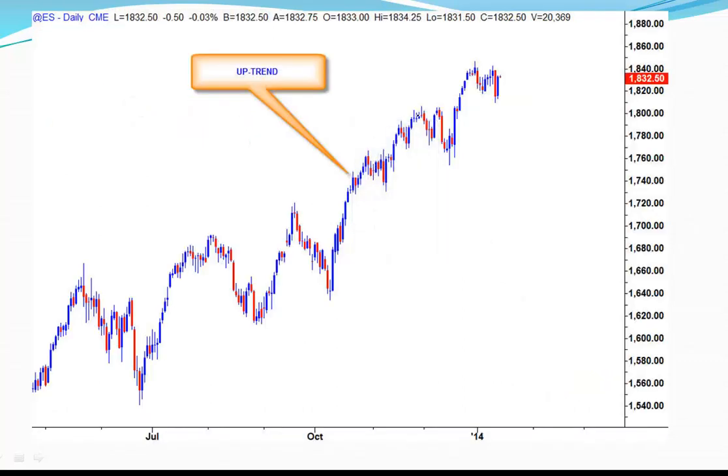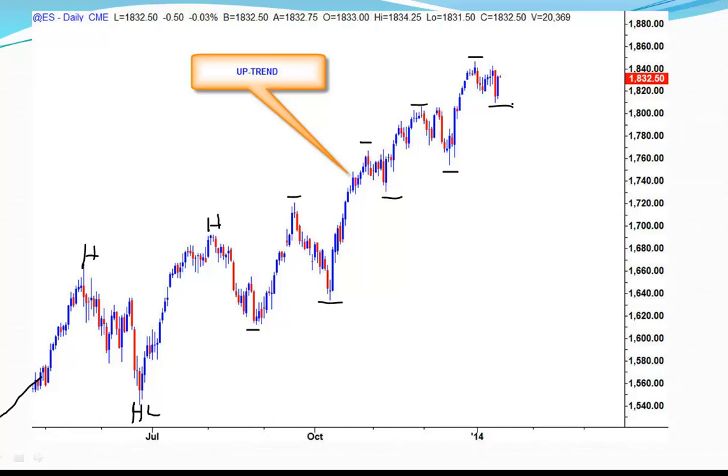Next. Now, an uptrend. What is an uptrend? This may have come from down here, so if we say that this is a low, and this is a high, and this is a higher low, and this is a higher high, and higher high, higher low, higher high, higher low, higher high, this is establishing that uptrend process.